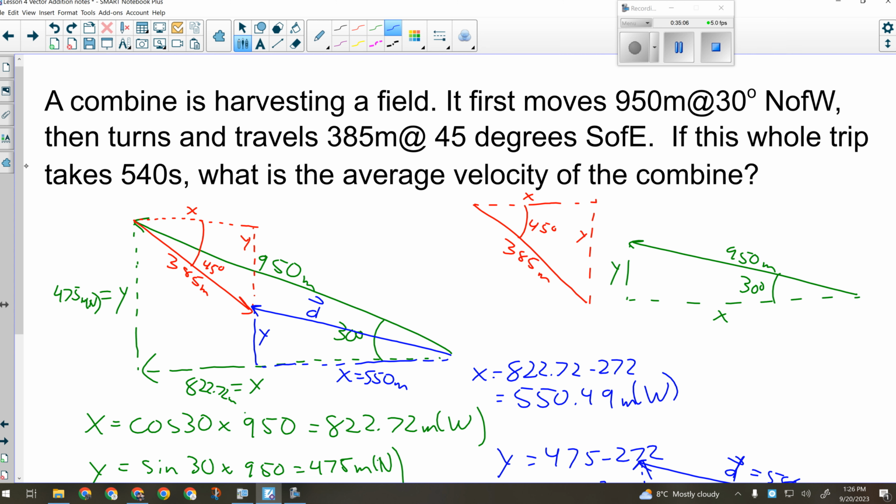All right, so final calculation, V equals D over t. Take our 586 or whatever it ended up being there, and divide it by 540 meters per second.